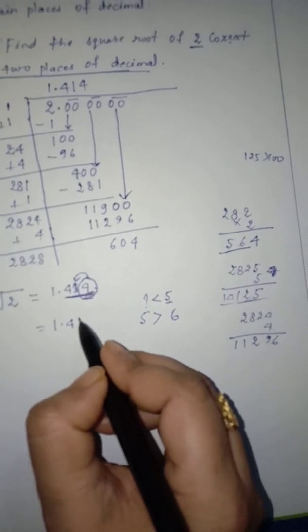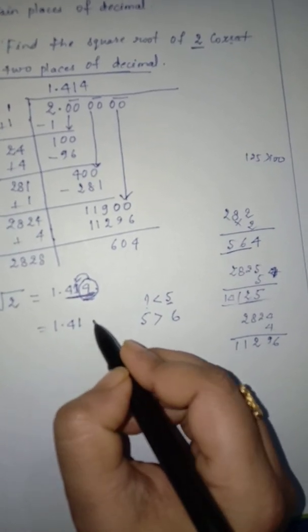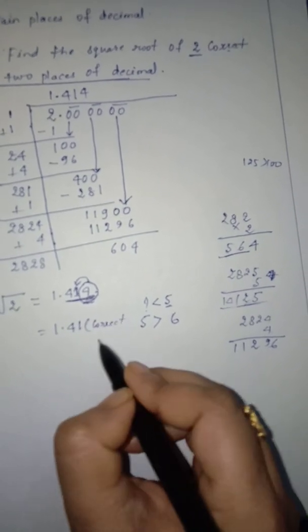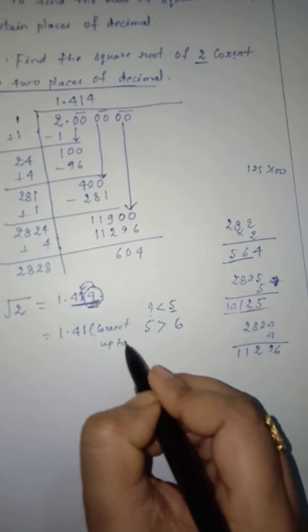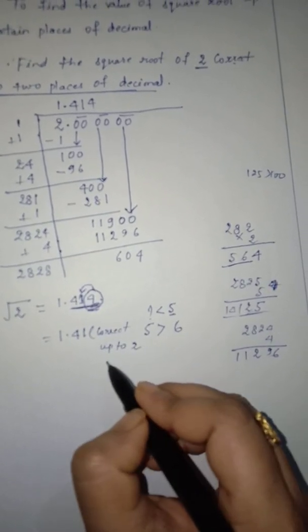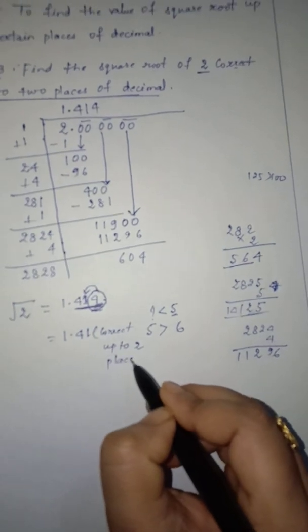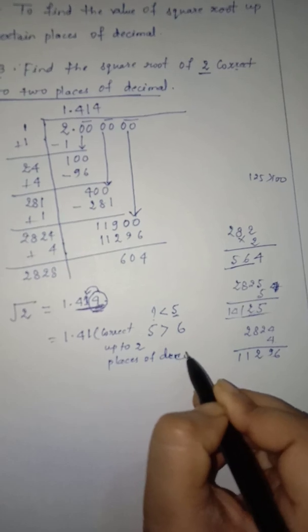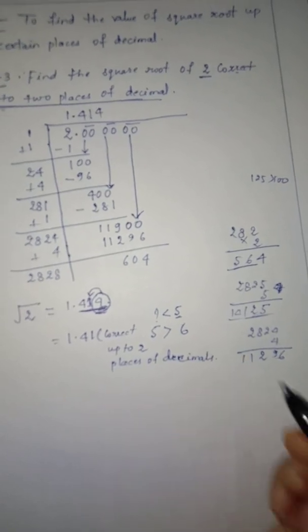Now 1.41, and we will write correct up to 2 places of decimal.